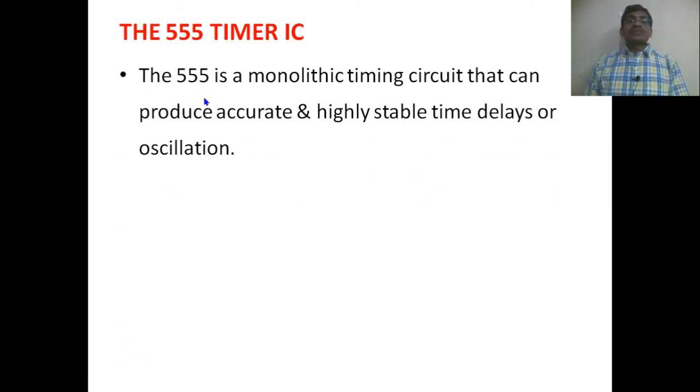The 555 is a monolithic timing circuit that can produce accurate and highly stable time delays or oscillations. This IC number is 555, which is used to generate accurate and highly stable time delays or oscillations.